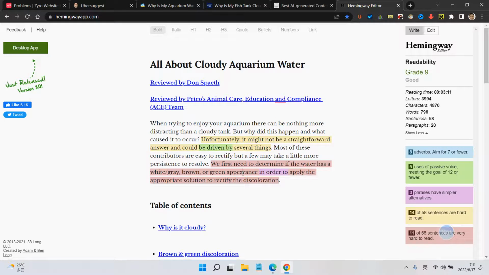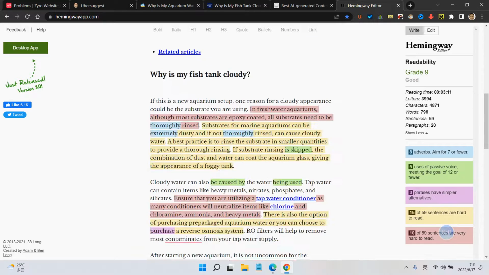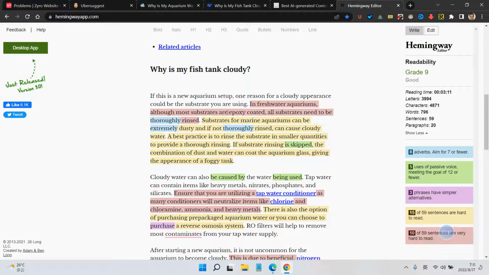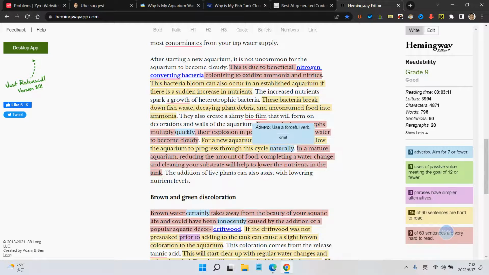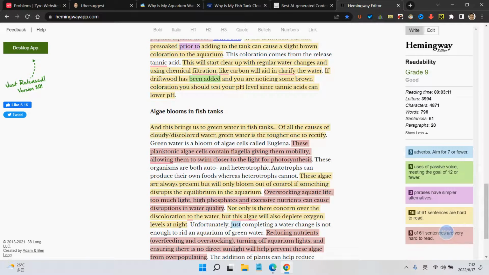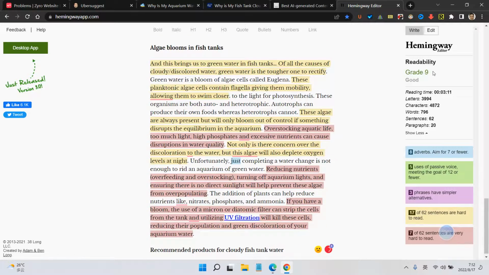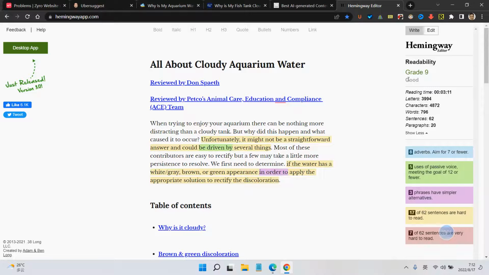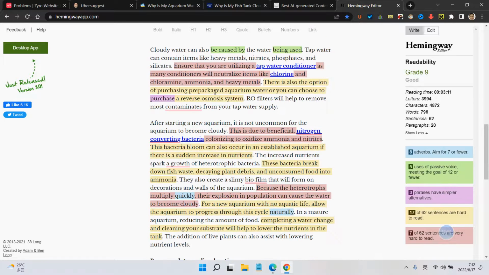And it's easy to do because you separate the sentences, separate a lot of sentences. Just as an example, when you deal with these sentences, the grade will drop from good to great. You can see that.